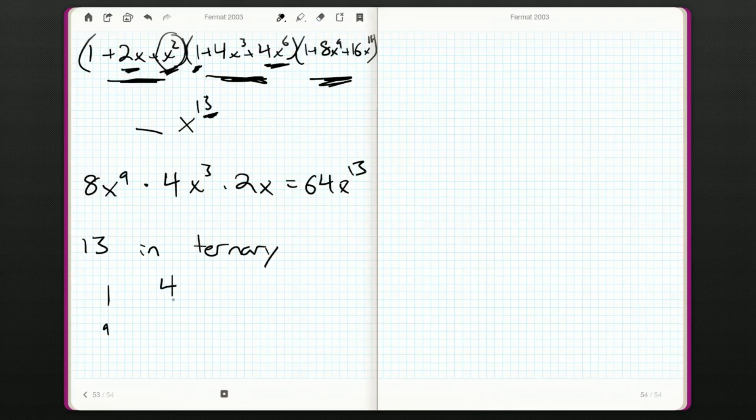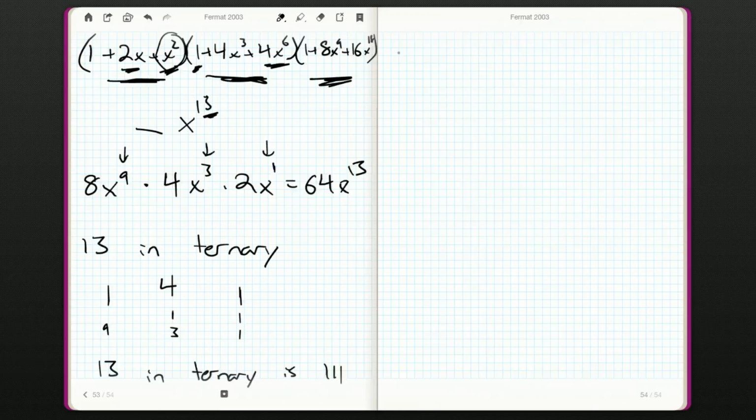I've got 4 left over. What's the biggest power of 3 less than 4? Why, that's 3. How many 3s can fit in a 4? One 3 can fit in there. Okay, what's left over? It's a 1. What's the biggest power of 3 less than 1? 1. And how many 1s go in there? 1. So to write 13 in ternary is 1 1 1. And wouldn't you know it, we used the 9, the 3, and the 1.